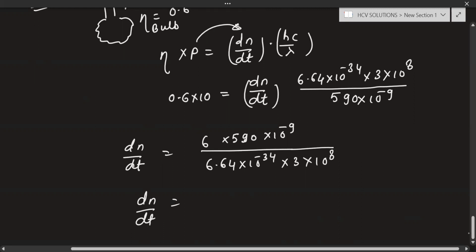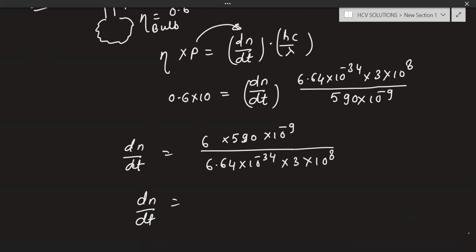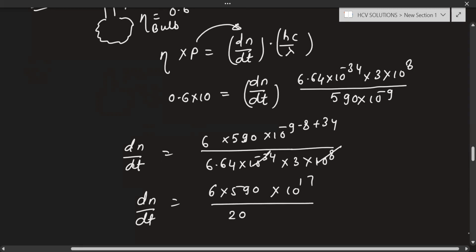So we'll calculate this. What goes from the denominator to the numerator changes sign: minus 8 becomes plus 8, and minus 34 becomes plus 34, giving 10 to power 17 after solving. So you got 6 into 590, 10 to power 17, divided by the product in the denominator, which is almost 20.